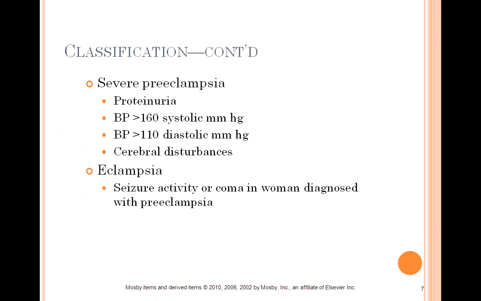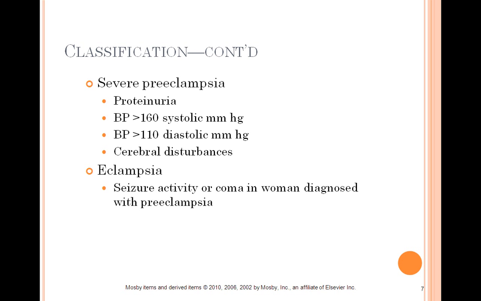When you're talking about severe preeclampsia, in your book it breaks down mild preeclampsia to severe preeclampsia, and you need to know the difference. Anytime you hit greater than 160 systolic or greater than 110 diastolic, that means you are in more severe preeclampsia, and you need to know about cerebral disturbances.